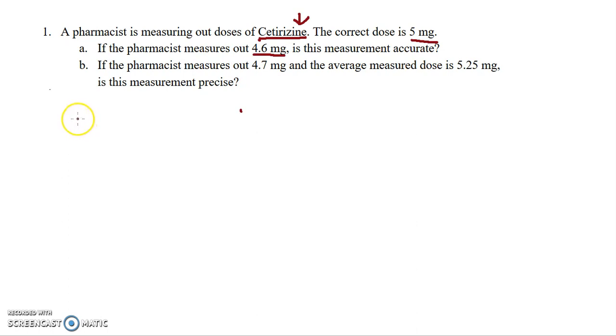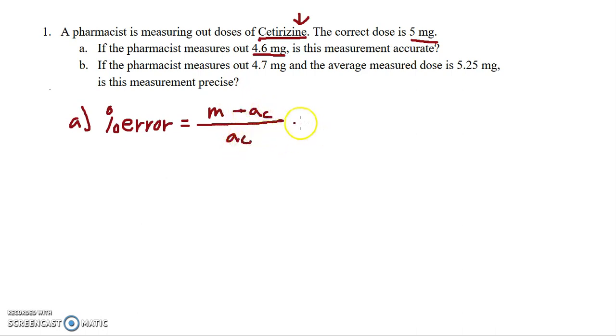So again, for accuracy, we're going to need percent error. We're going to calculate percent error, and it's going to be the measured minus the accepted value over the accepted value times 100%.